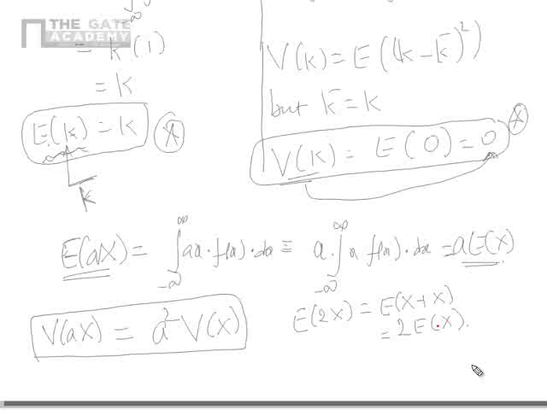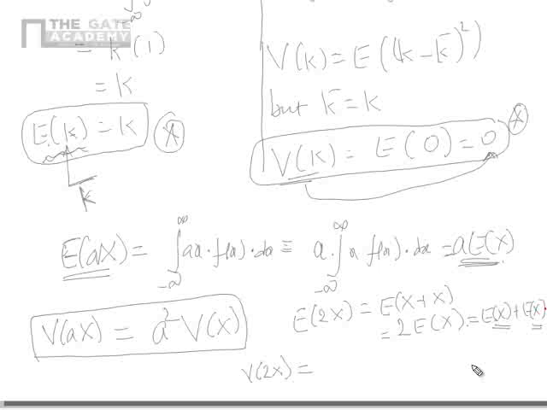E of 2x is nothing but E of x plus x. By using the above relation, E of 2x is nothing but 2E of x. And if I expand 2E of x, it is nothing but E of x plus E of x. That means E of x plus x is nothing but E of x plus E of x.